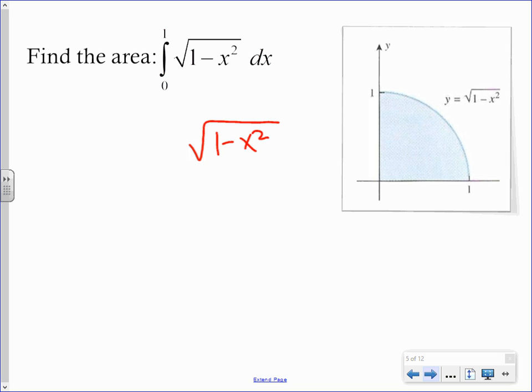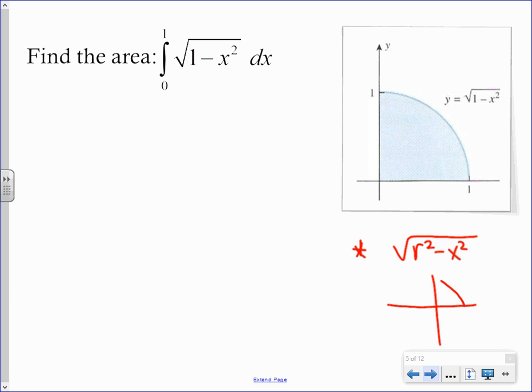Since we're going from 0 to 1, we only care about the quarter circle, 0 to 1. But you might need to make a note to yourself that if you see the square root of r squared minus x squared, it is a semicircle with radius r. You're going to see a lot of that, especially in this section, since we're talking about geometric area.